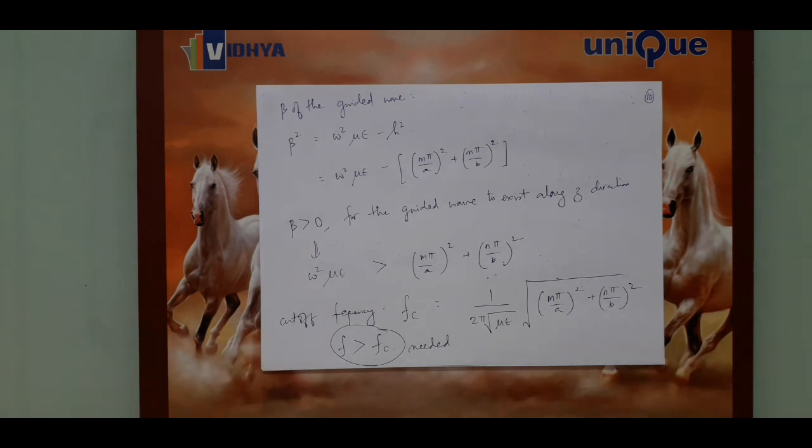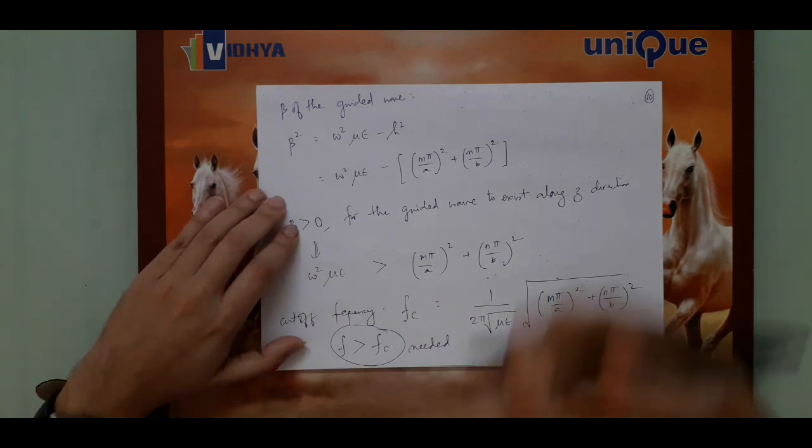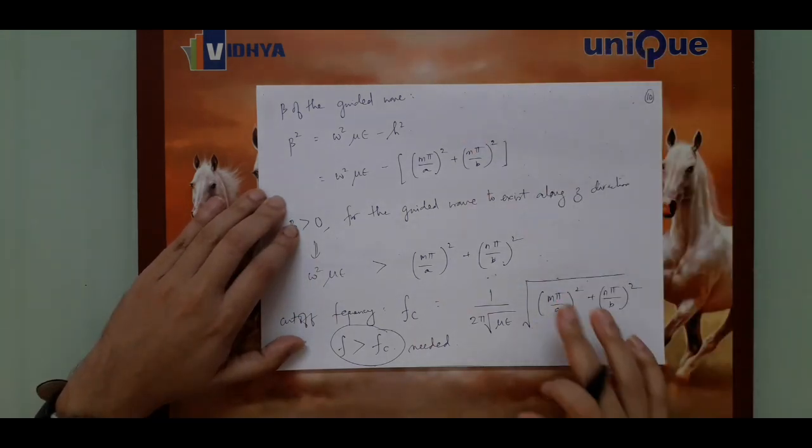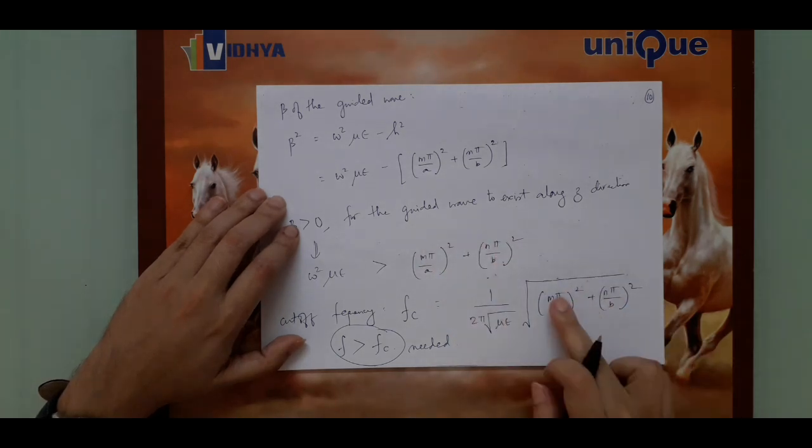The question with which I shall leave you to think is, can we have any dispersionless mode of propagation in the case of the rectangular waveguide? One thing to note is that while the parallel plane waveguide had only one m, rectangular waveguide modes are denoted by two mode numbers, m and n.